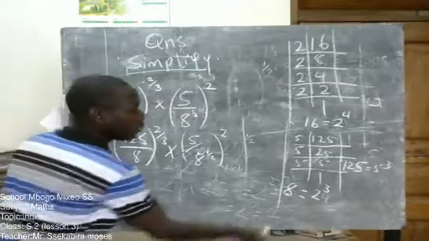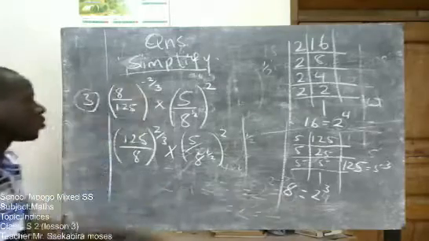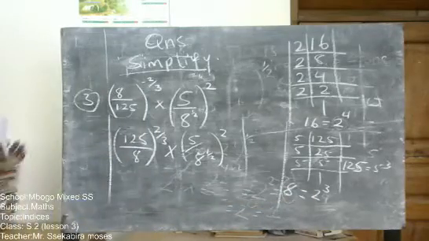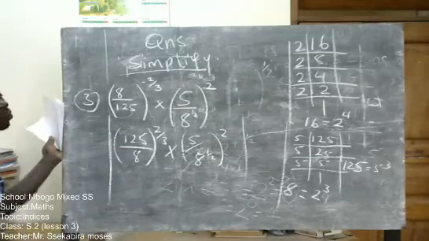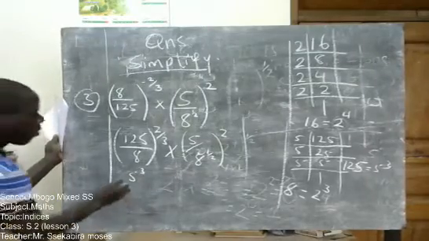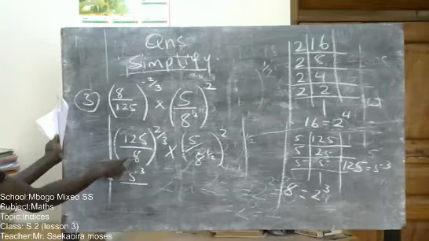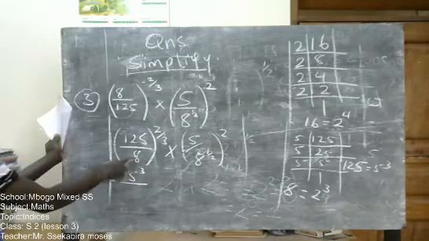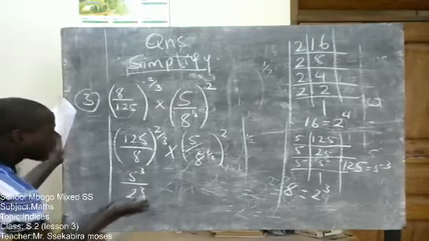During your free time, prime factorize 8, you will come up with 2 to power 3. Then you substitute: where there is 125, we put 5 to power 3, over where there is 8, we put 2 to power 3.